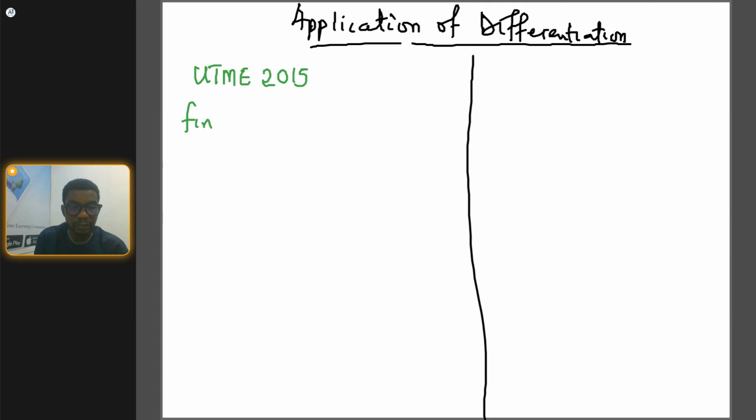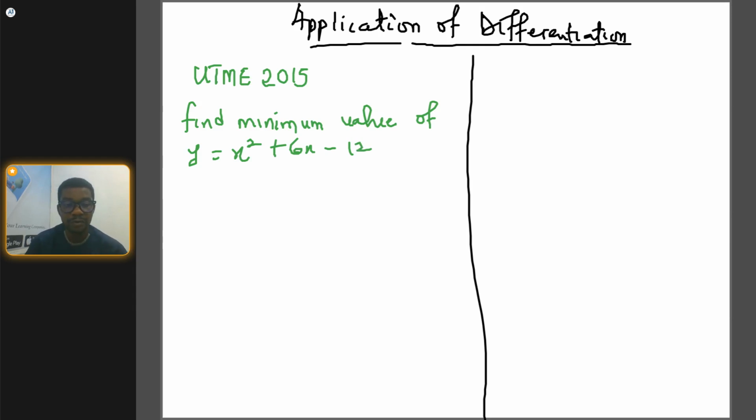Find the minimum value of y equals x squared plus 6x minus 12.